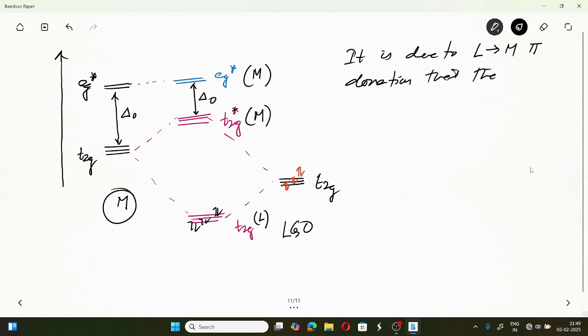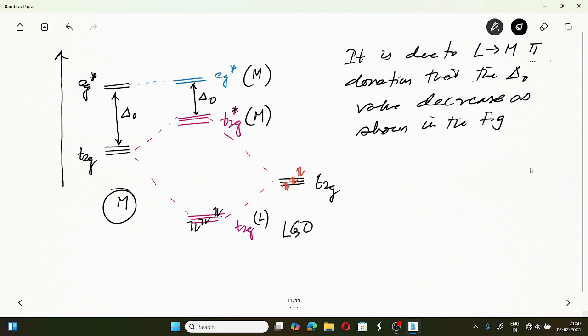So it is due to ligand to metal pi donation that the T2G star M... বা আমরা এইভাবে বলতে পারি that the Delo value decreases, as shown in the figure.